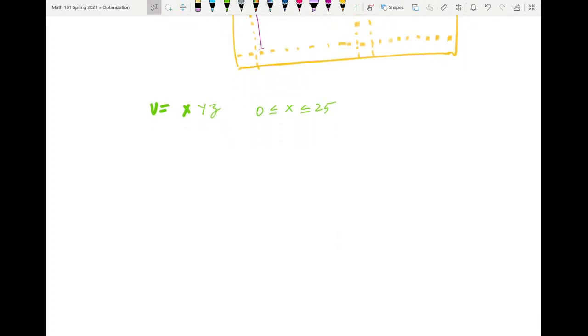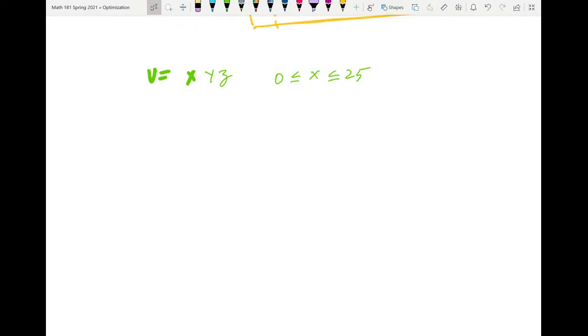So let's write it. Express y and z in terms of x. So y equals 40 minus x, and z equals 50 minus 2x.